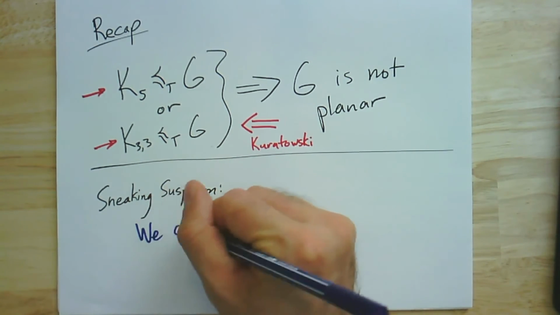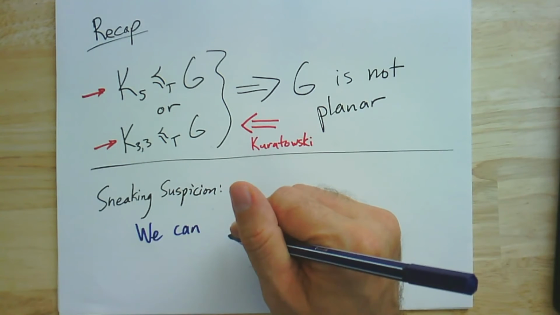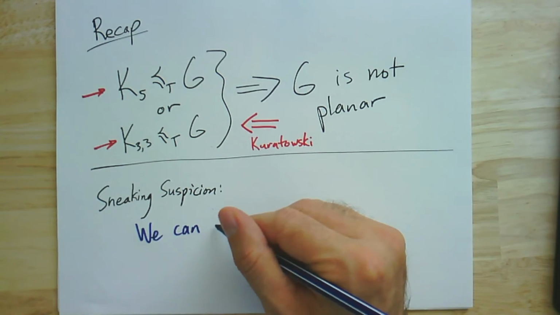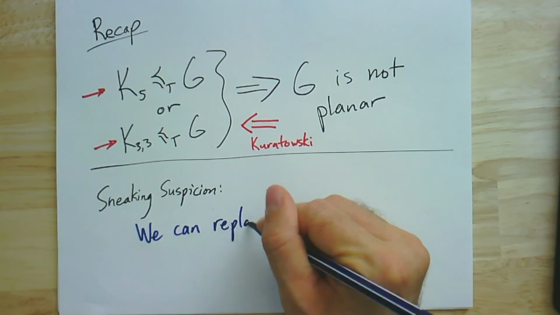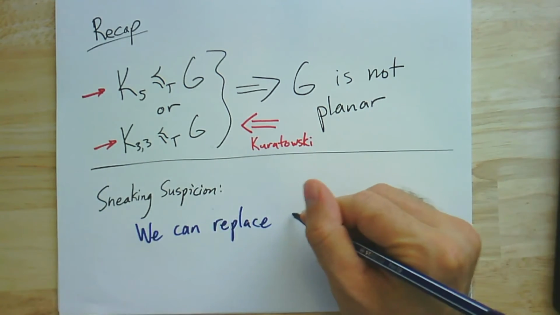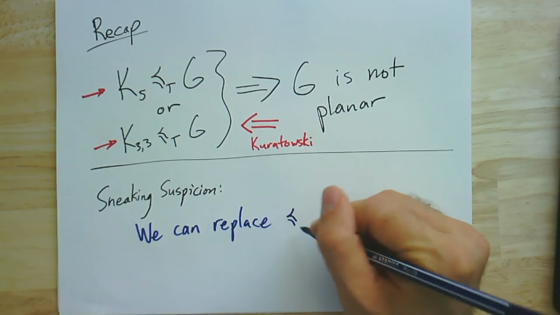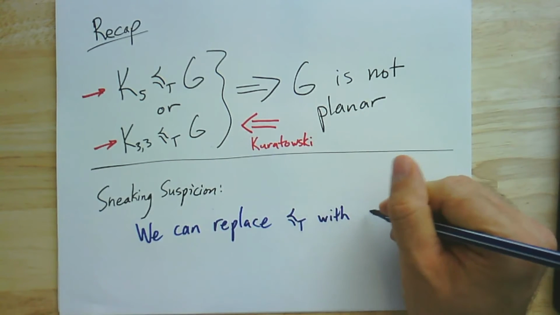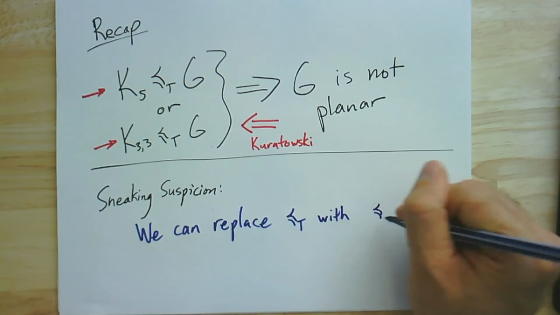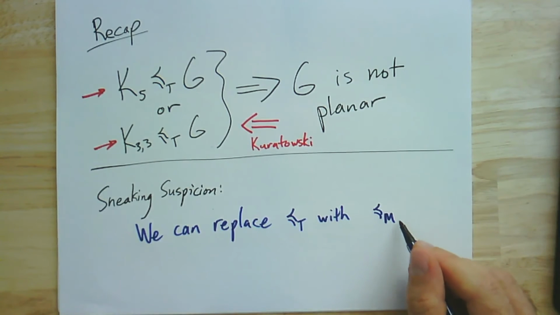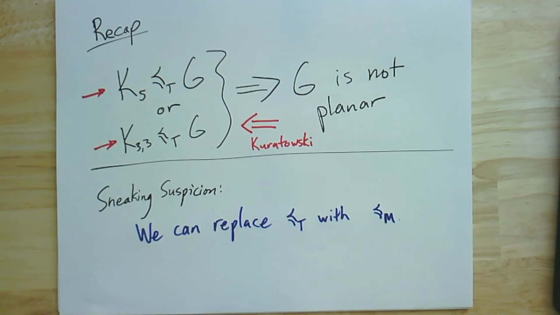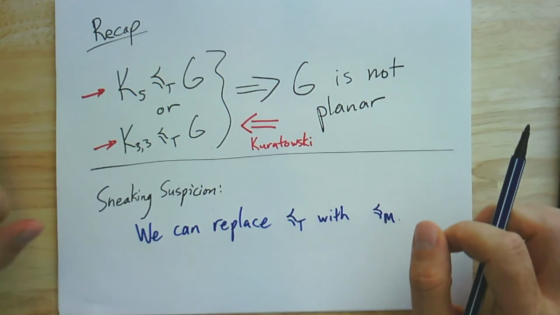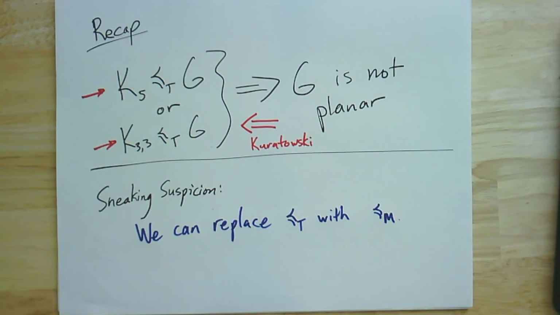Maybe we could have found that the Petersen graph was not planar just because it had the K5 minor and not just the topological minor K33. So I've hopefully set it up so that you suspect this might be true, that we could replace the property of being a topological minor with being a minor, and that this will still hold: graphs are planar if and only if they don't have K5 or K33 as minors.